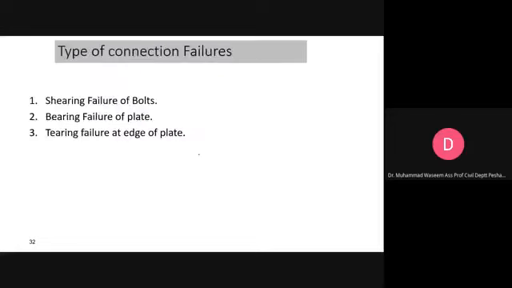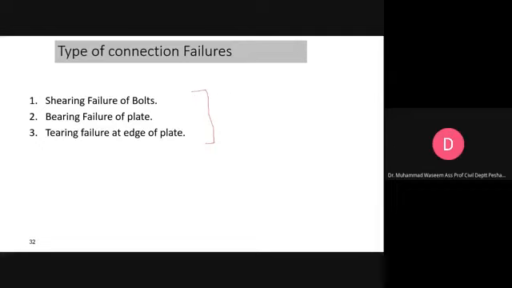Now this brings us to the types of connection failure. I'm talking about failure of bolted connections, and this is about the bearing type connection.